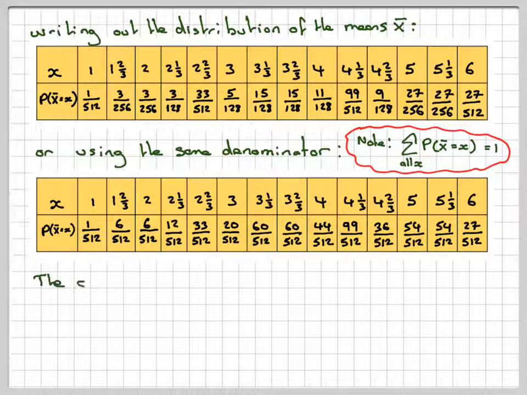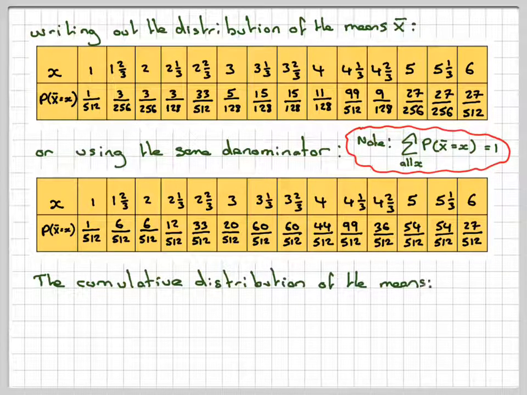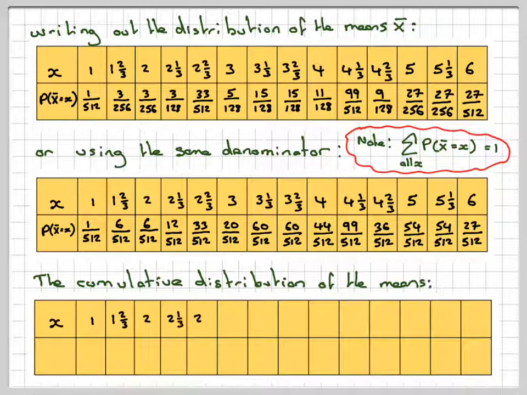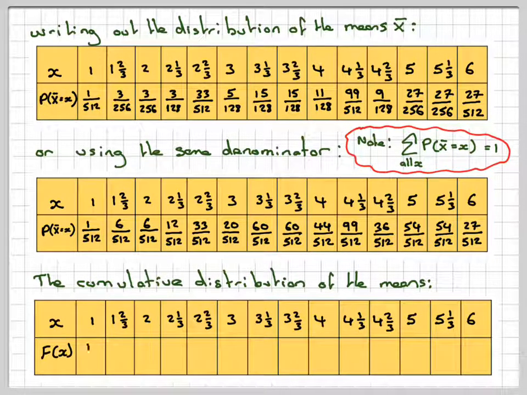Now to get the cumulative distribution function, which is quite useful in probability, write those all out again, with the same values of x. Sometimes this can be written as capital F of x, or the probability of x being less than or equal to some value of x. So the probability that x is less than or equal to 1 is 1 over 512, and then you just add the next two together.